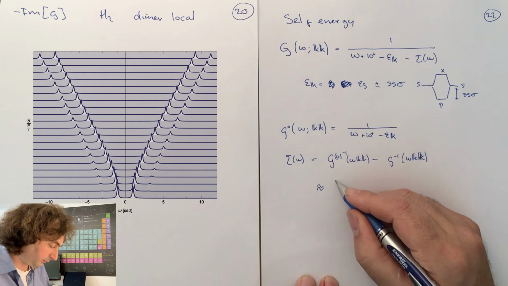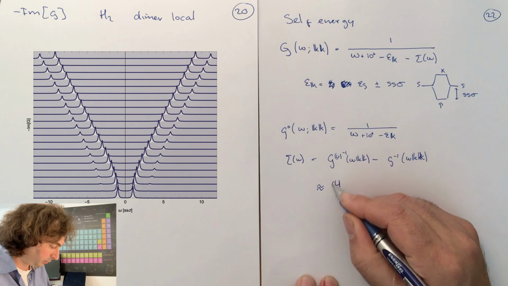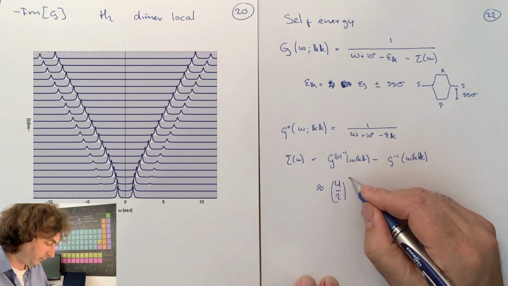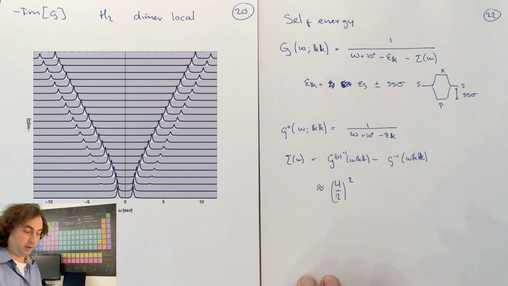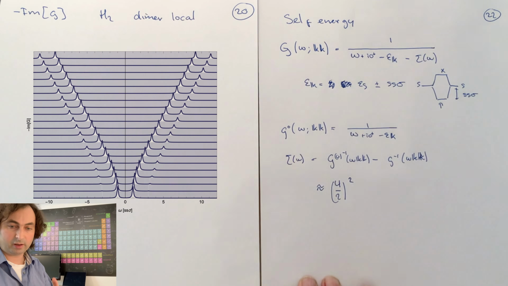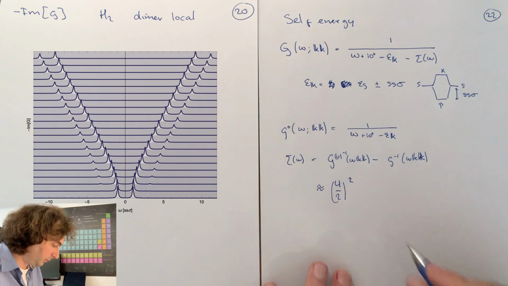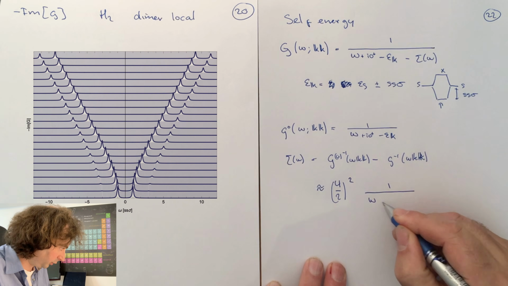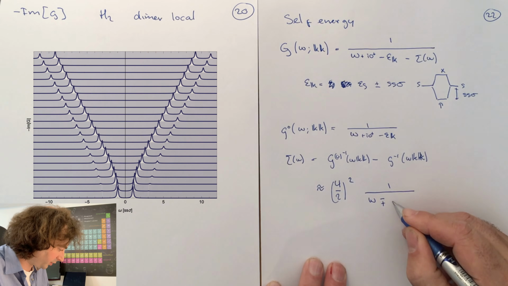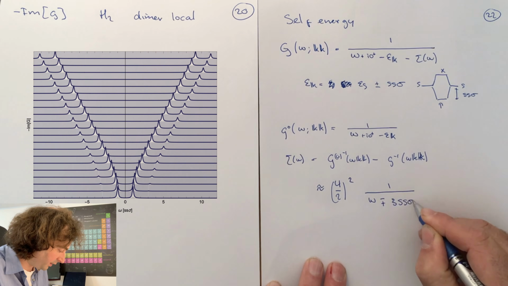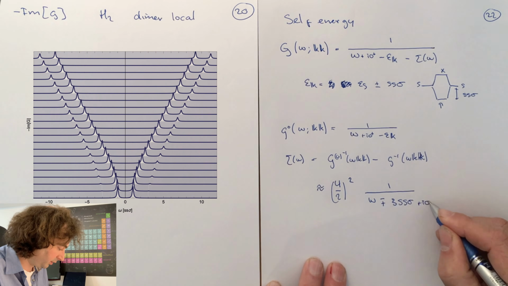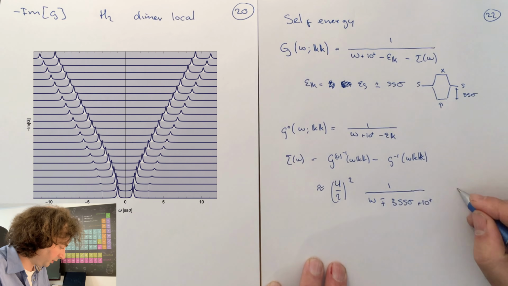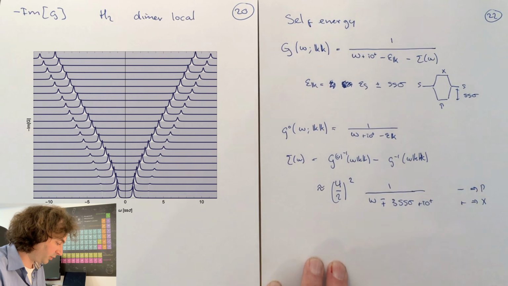And for our Hubbard dimer, this is roughly (U over 2) squared. I assume here that things like J and Q1 and Q2 are all 0. Times 1 over omega minus plus 3 ss sigma plus i0 plus. And the minus corresponds to gamma, the plus corresponds to X.